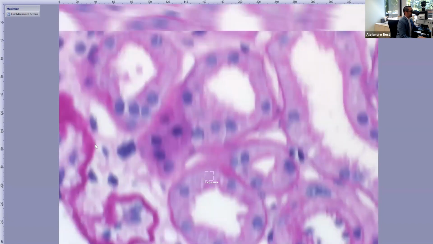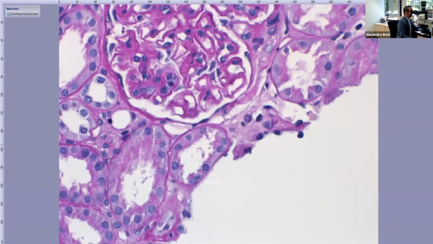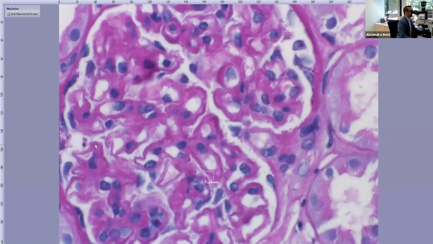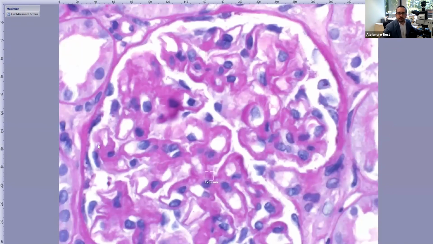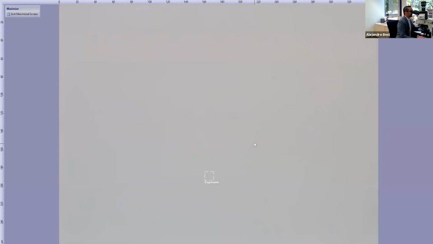Let me find real quick a second glomerulus. You see this? This is a more normal looking loop compared to this one. It's very hot pink and thick, but it's segmental. It's not affecting every loop or the whole circumference of the loop. Let's look real quick at the same lesion under H&E.